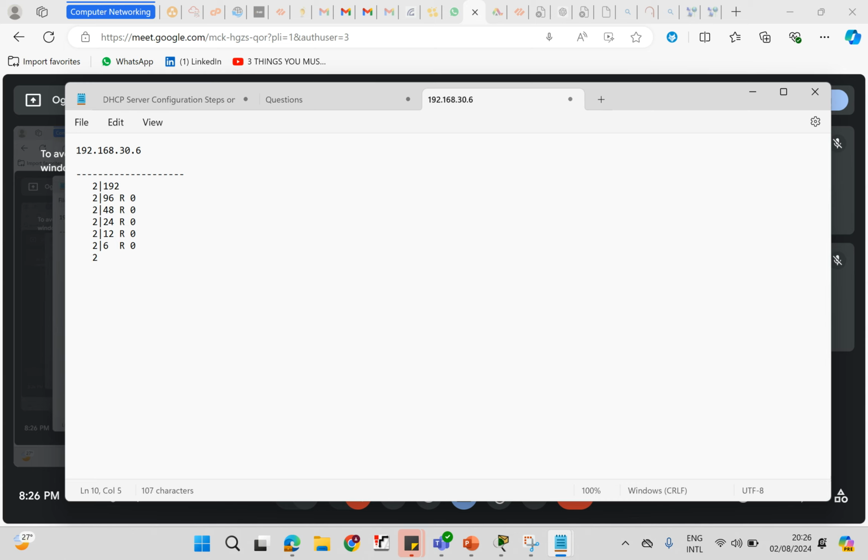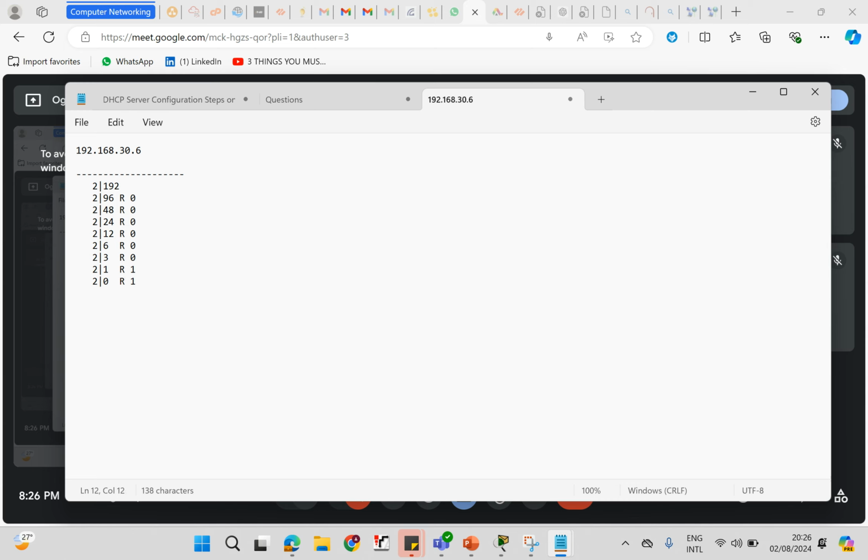2 goes in 6 will be 3, remainder 0. 2 goes in 3 will be 1, remainder 1. Right? 2 goes in 1 will be 0, remainder 1. We bring that one out.